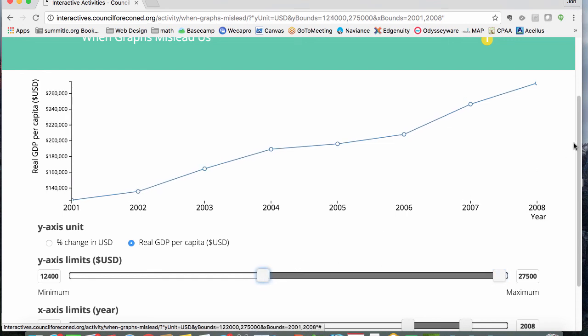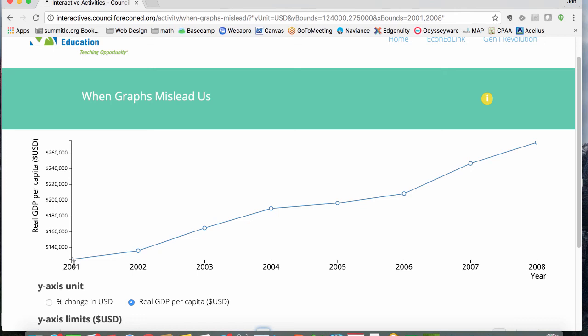Now I've got a graph that looks like, wow, from 2000 to 2008, these were our glory years. Look, we went from $120,000 per person to producing $280,000 per person. That's a tremendous amount of growth. Our country is amazing. We have such a high standard of living. That's what our graph is now communicating and would support that title.